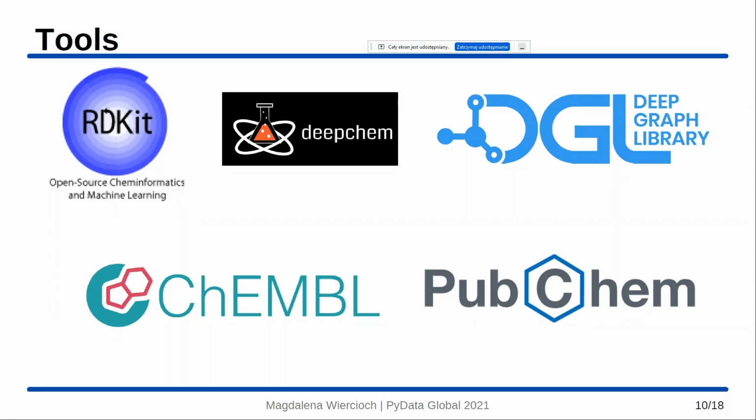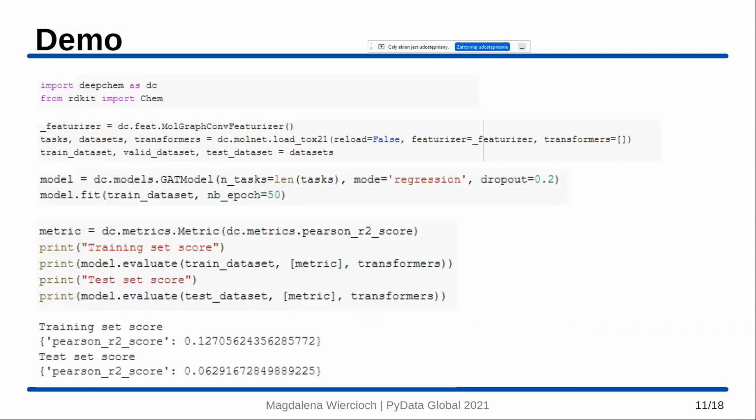Yes, and here I would like to show you a few lines of code that can be used to use one of the models that is available in this framework. And the model is called GET.